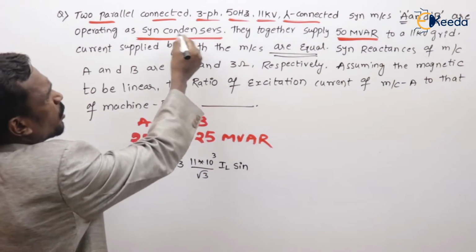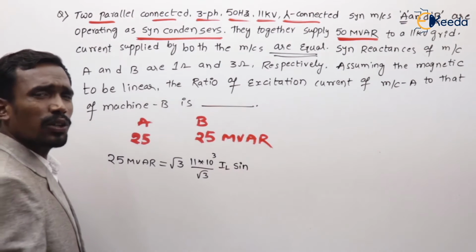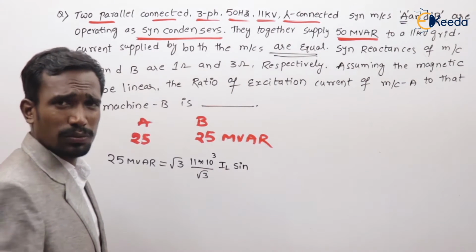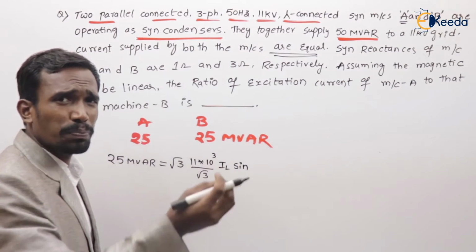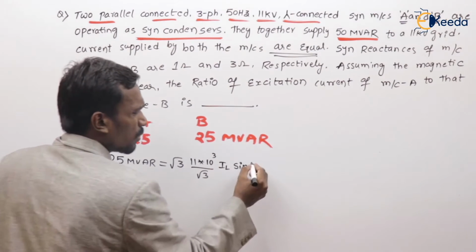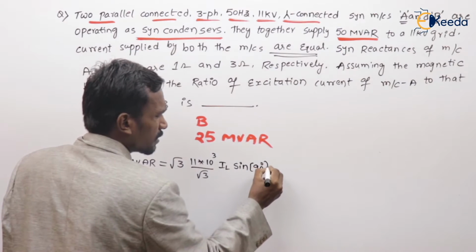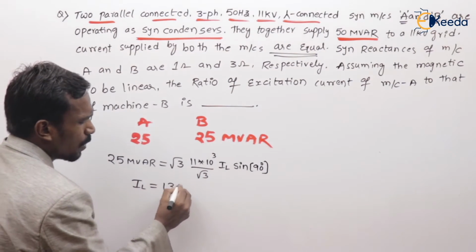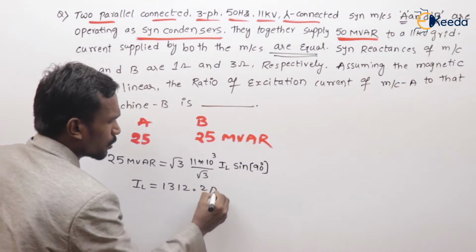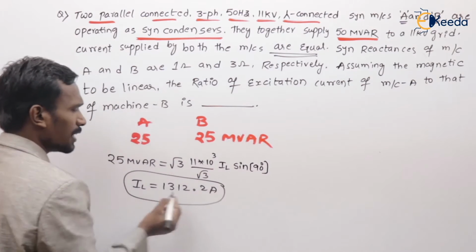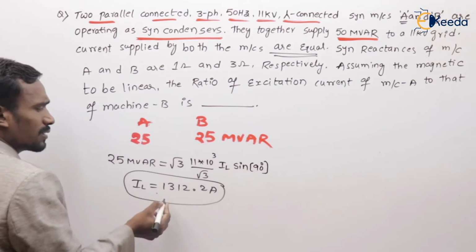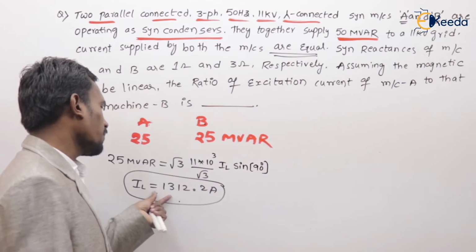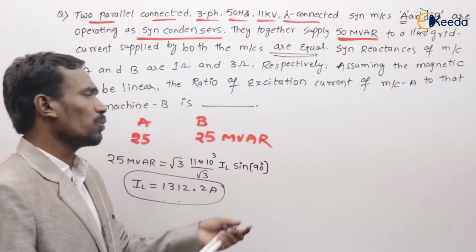They are synchronous condensers, purely capacitive or purely inductive, so phi is 90 degrees. If you calculate, IL is equal to 1312.2 amperes, and this value is the same for both machine A and machine B.